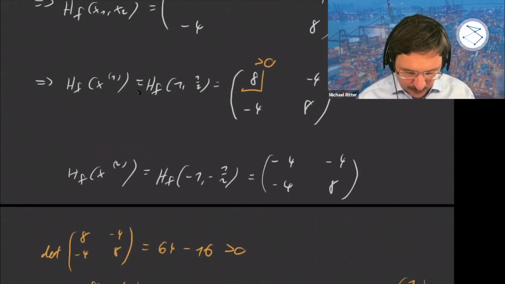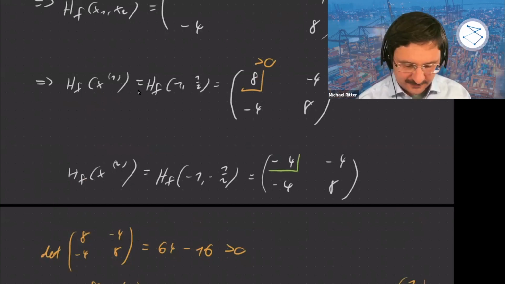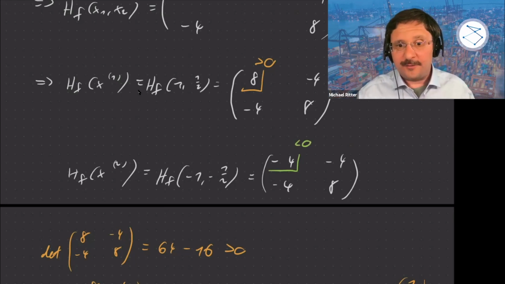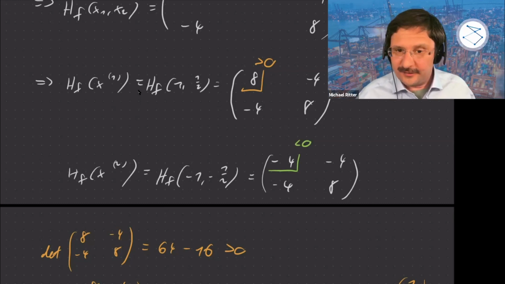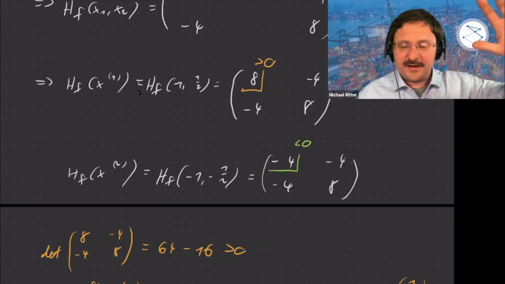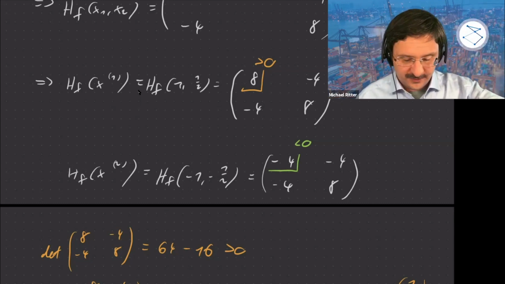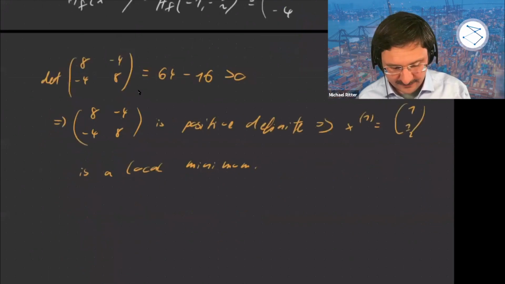For the second one, we have a negative entry here. So that means that matrix cannot be positive definite anymore. It could still be negative definite. And remember, for negative definite, the leading principal minors have to alternate, starting with a negative value. So that means the determinant would have to be negative.